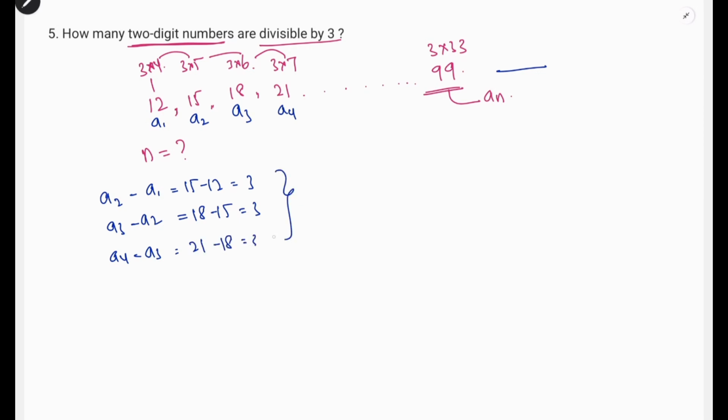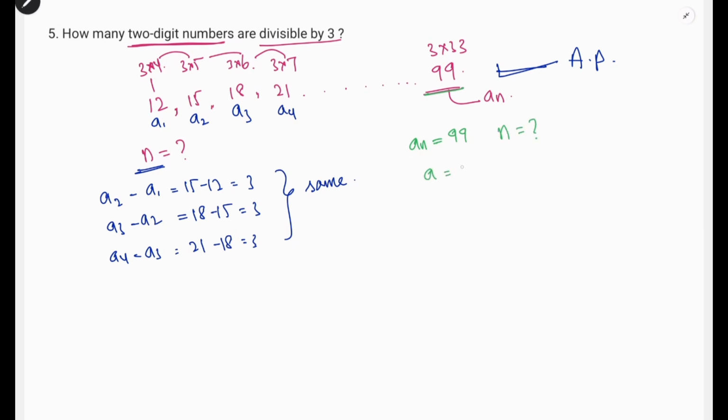Now if you see, the differences are the same. So this set of numbers forms an AP. Now we need to find n, how many terms there are. An is given as 99. An means the last term is 99, so we need to find n.